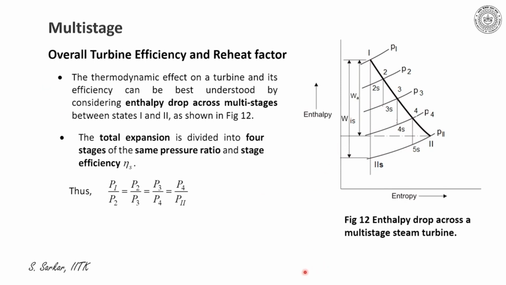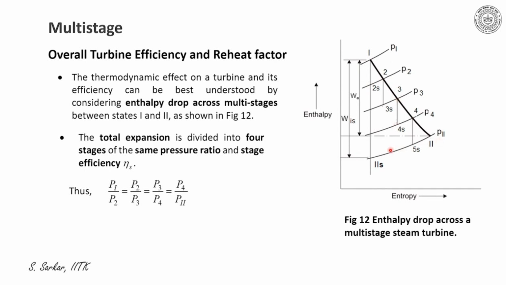In figure 12, I have illustrated the enthalpy drop across a multi-stage steam turbine, where the state point of fluid at inlet to the turbine is indicated by the Roman numeral 1 and at the exit of the turbine is denoted by the Roman numeral 2. So here 1 and 2 indicate the overall enthalpy drop across 4 stages.